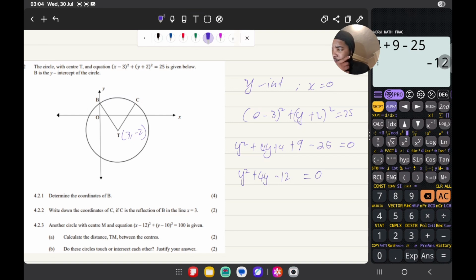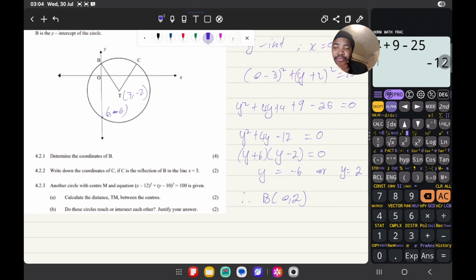Equals 0. Let me see. Yes. Then you have y plus 6 into y minus 2 equals 0. And therefore y equals minus 6, or y equals 2, right? So you have a y here of 0 and minus 6. Therefore B is going to be 0 and 2. These are the coordinates of B.